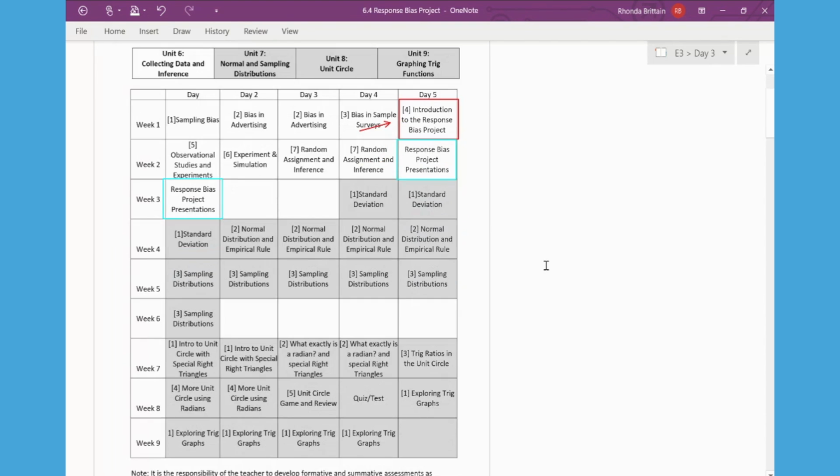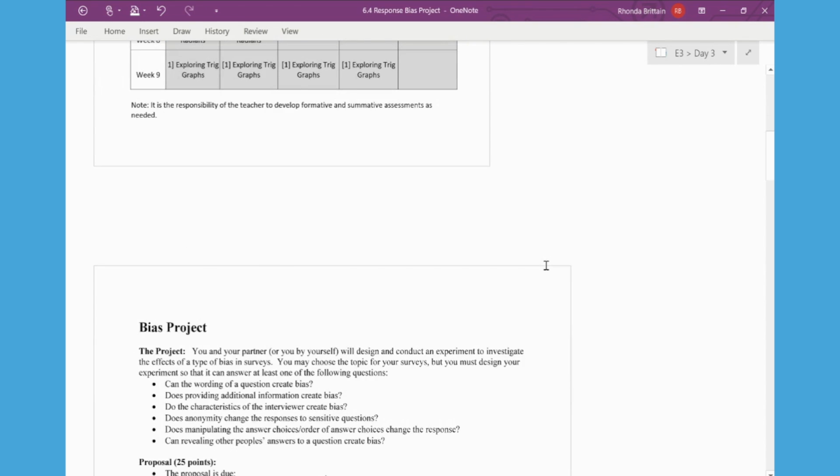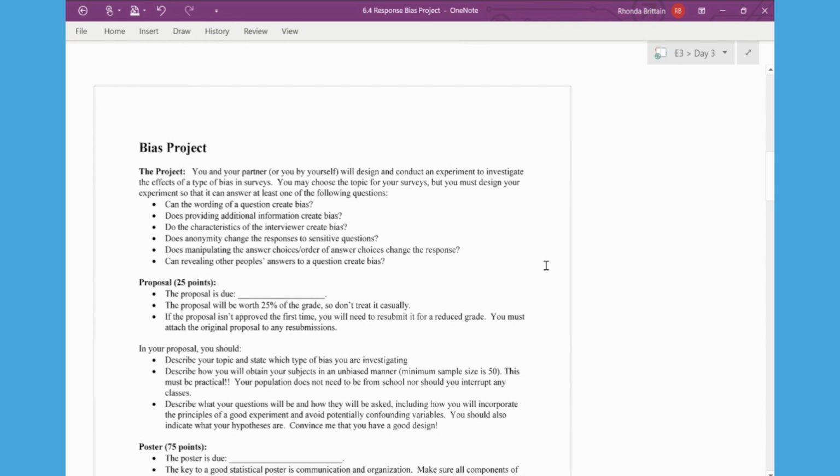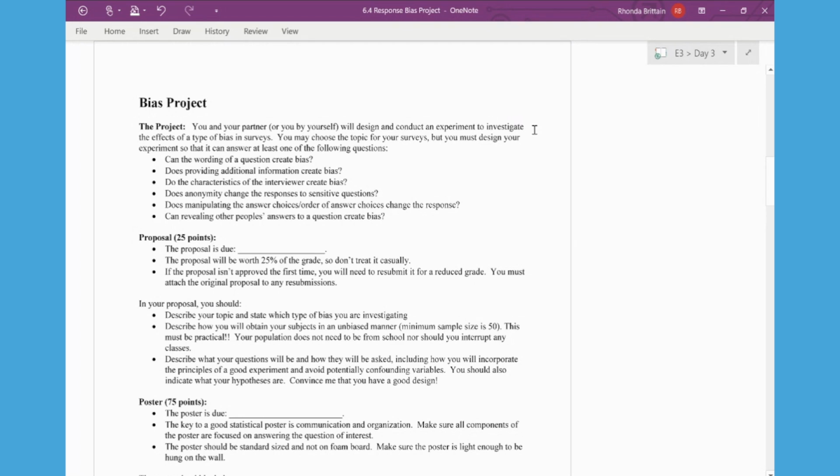On the student pages, you'll find the instructions for the project, and they could either work by themselves or with a partner, and they're going to conduct an experiment to answer a question. In the first section, it gives all of the sample questions. They have to answer at least one of those, and most of that is related to bias that they've already seen in a couple of the previous lessons.